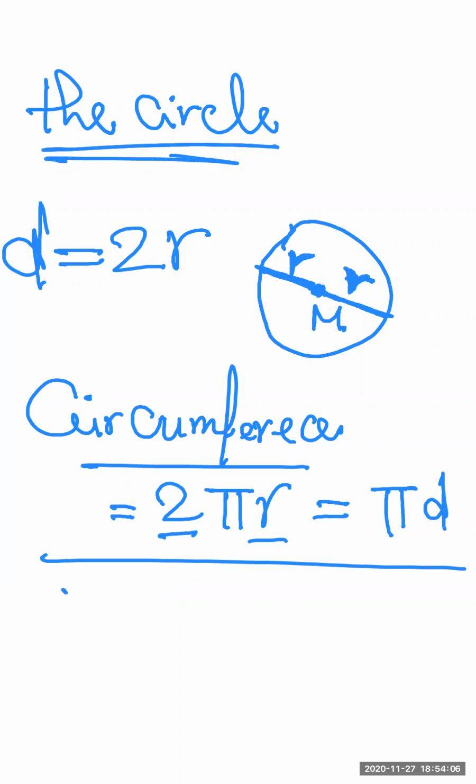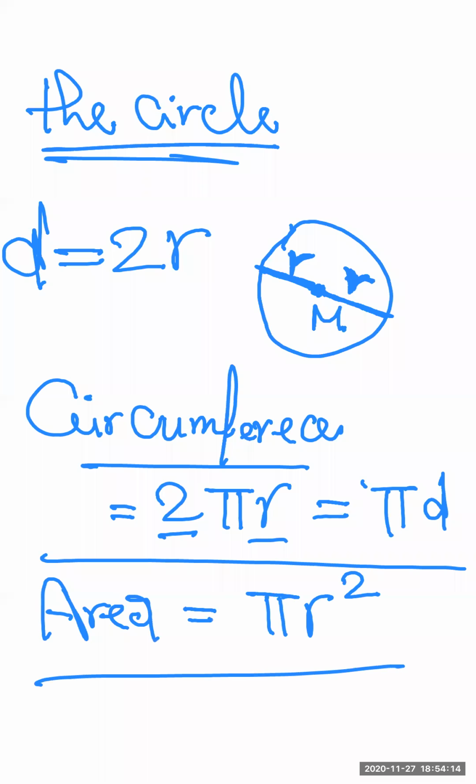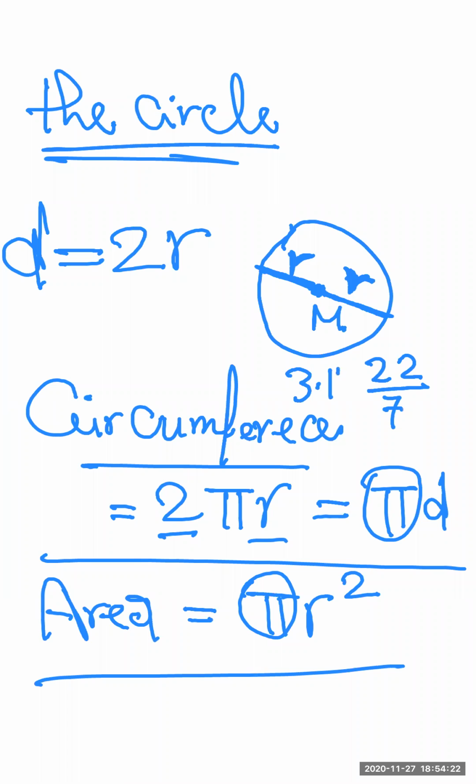Then what about the area? It will equal pi r squared. What is this pi? Actually, it's a constant. It equals 22 over 7 or 3.14. That was the circle briefly.